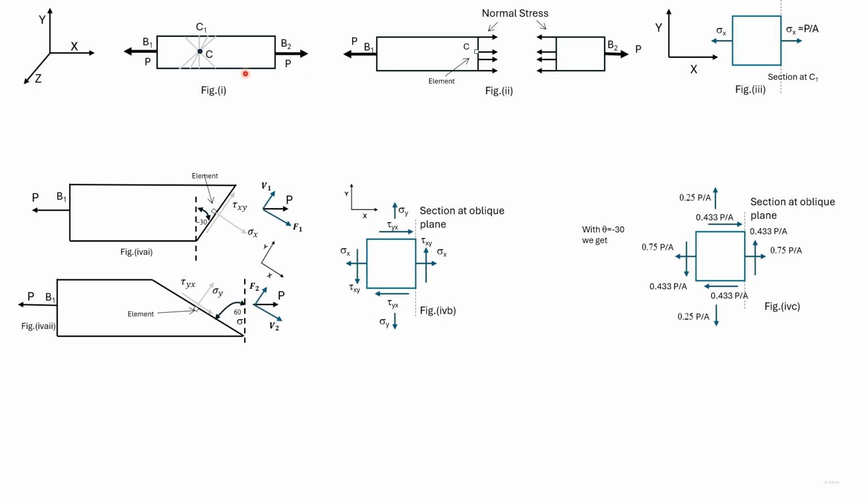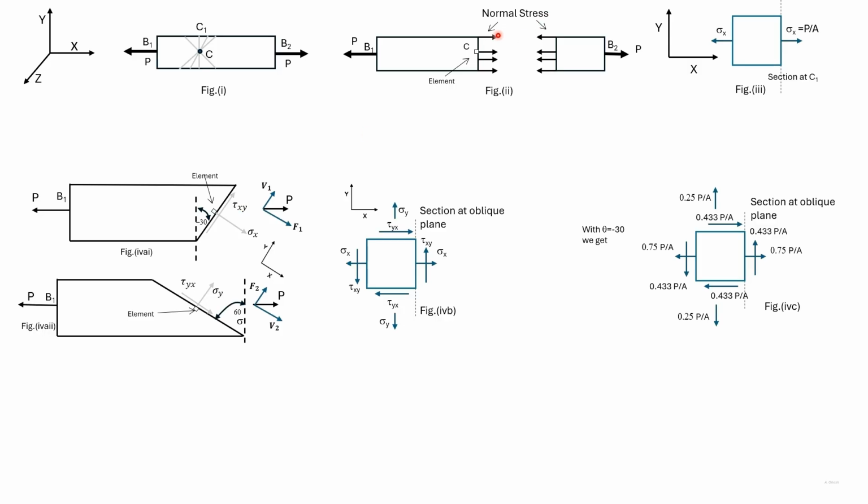Then we consider oblique sections at different angles as shown here, all passing through the point C. The element at C is rotated so that the base of the element coincides with the oblique plane. We find out how the stresses acting on the element vary.